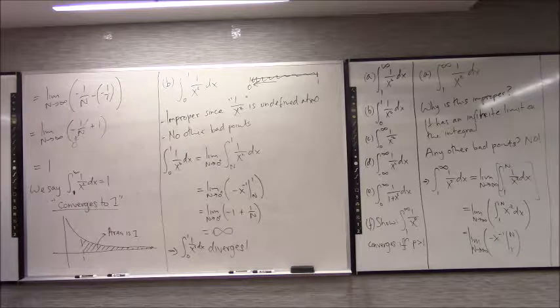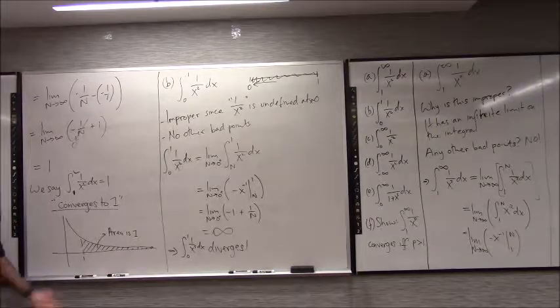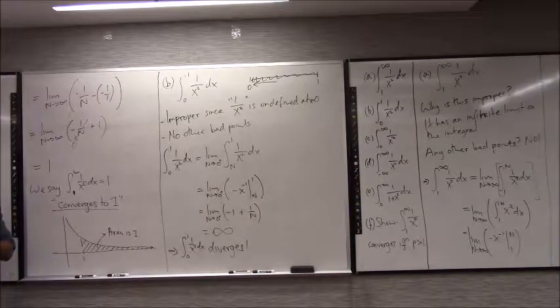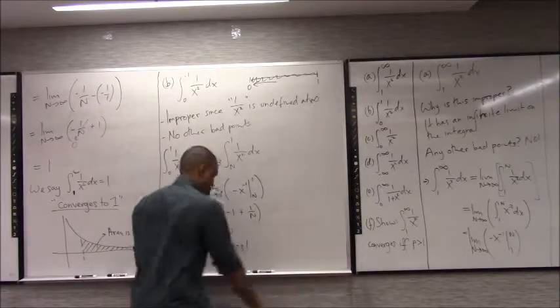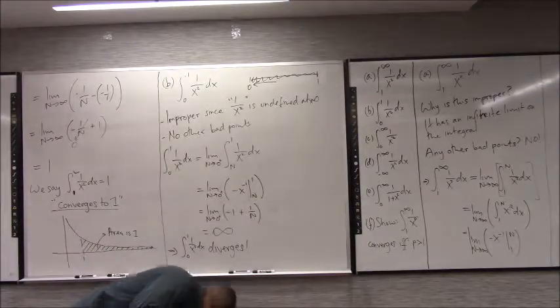Well, it depends on the context, but for us, it doesn't make sense that it takes up an infinite amount of space. There are other contexts in which that would make sense. For us, it doesn't. We like our areas to be finite around these parts.